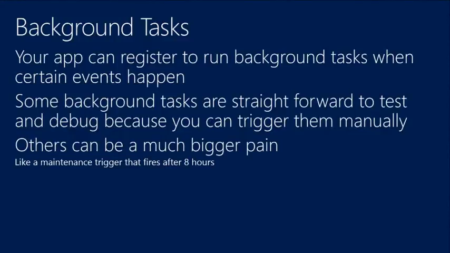Okay. The next thing that we want to look at are new background tasks. So your application can register background tasks. Now, in the traditional previous world with Windows, you'd probably run these under the task scheduler. You can just create these within Windows Store apps as well.